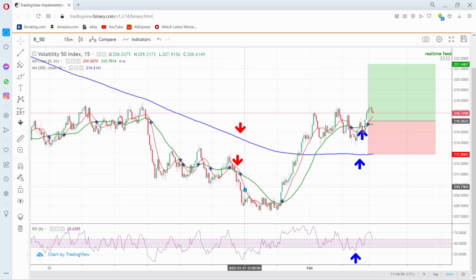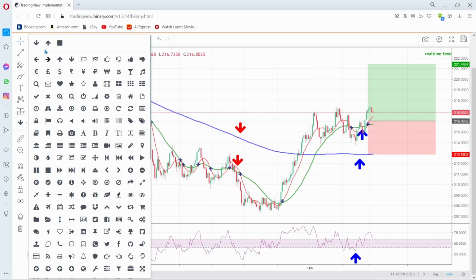And then after that, we have to look over here at the RSI, Relative Strength Index. If you see that this one is above this colored region, it will be a sell. If it is below this colored region, we know that it will definitely be a buy. So right now, let me show you guys.